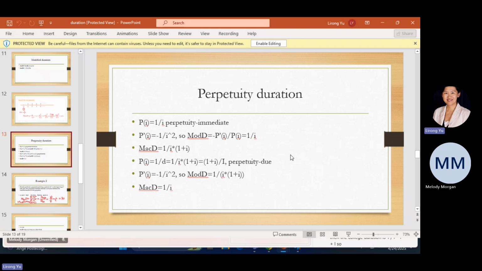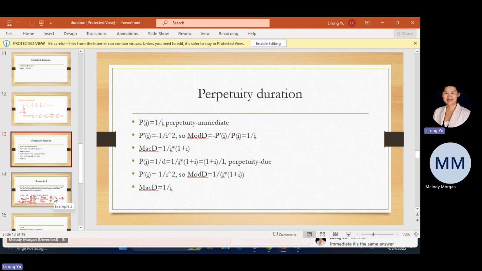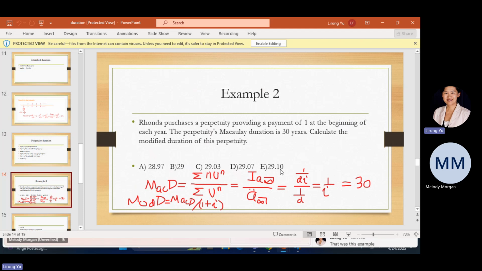I kind of forgot that for perpetuity and perpetuity immediate we would have different duration calculations. The difference is a factor of 1 plus i. But in the text, the Macaulay duration is calculated based on the weighted average of payment times, and in the end it's the same answer for the perpetuity immediate. That was this example.